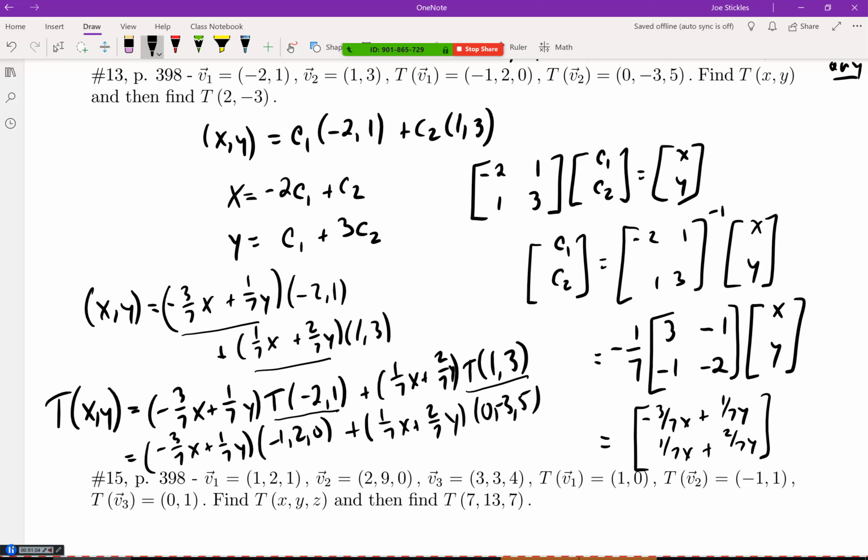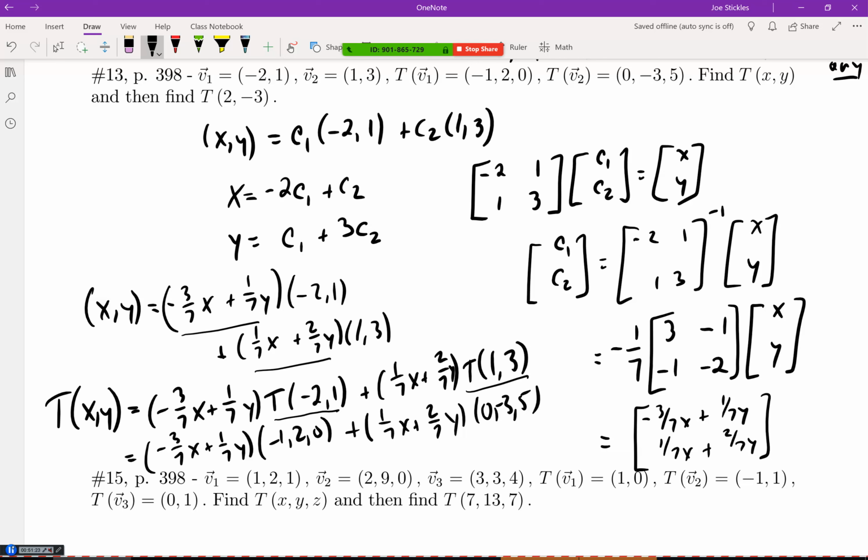And then to finish this off and figure out your rule, you would just combine the components now. So you would distribute your constant to each of the components and combine your vectors at that point.